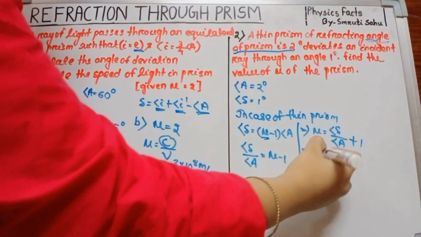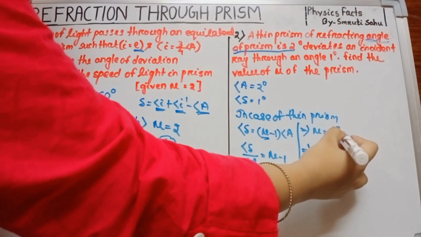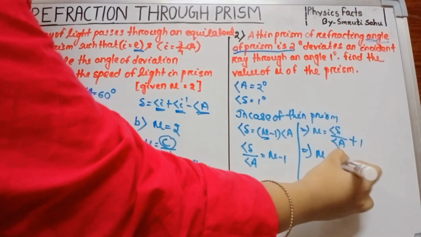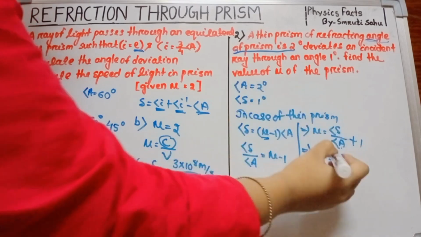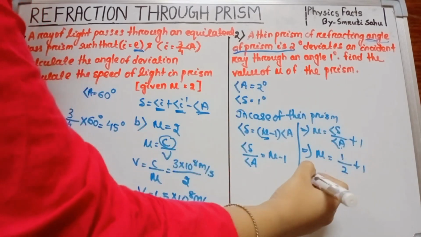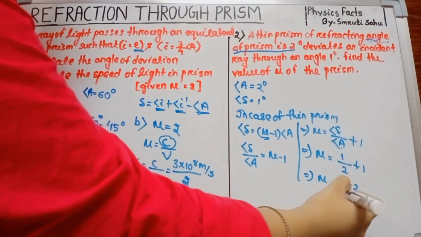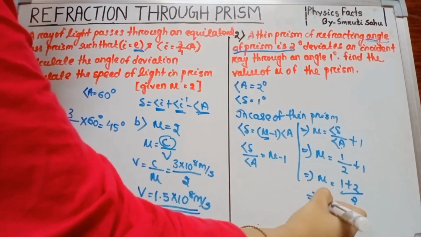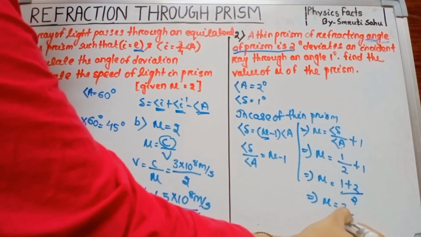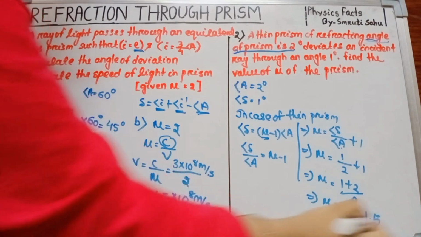Mu equals 1 by 2 plus 1, so mu equals 1 plus 2 by 2. That means mu is equal to 3 by 2, or 1.5.